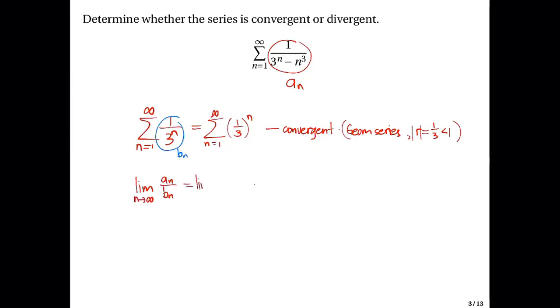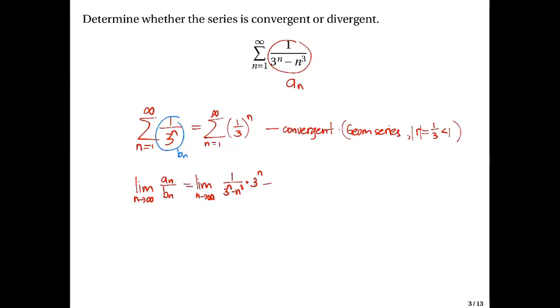But this one is what? Limit as n approaches infinity, yung an natin, that's 1 over 3 to the n minus n cube. Yung bn natin, that's 1 over 3 to the n. Pero since nasa denominator siya, kunin na natin yung reciprocal. So, mumultiply na lang natin siya sa 3 to the n. And notice what will happen dito.